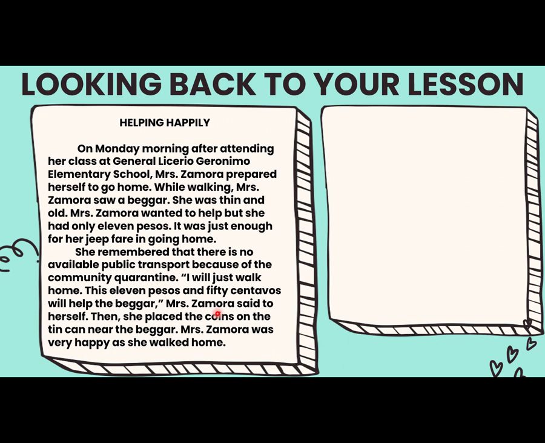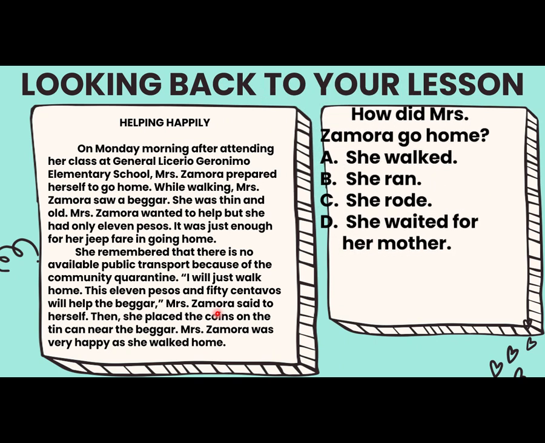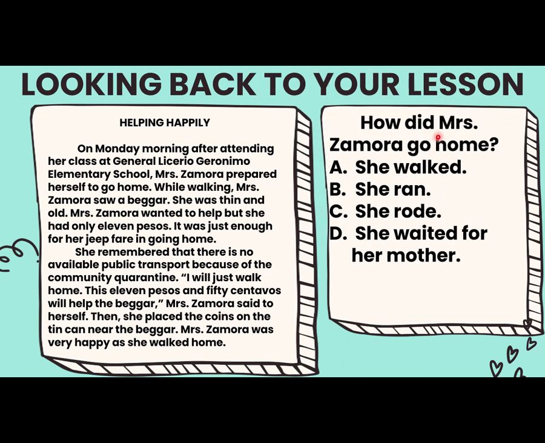Next question. How did Mrs. Zamora go home? A. She walked, B. She ran, C. She rode, D. She waited for her mother. The correct answer is letter A. She walked.